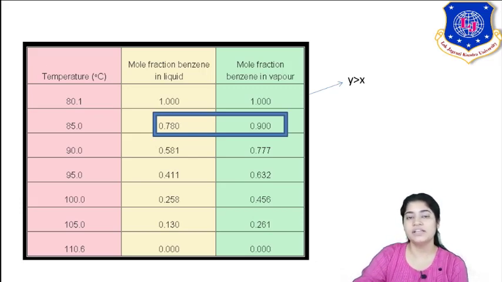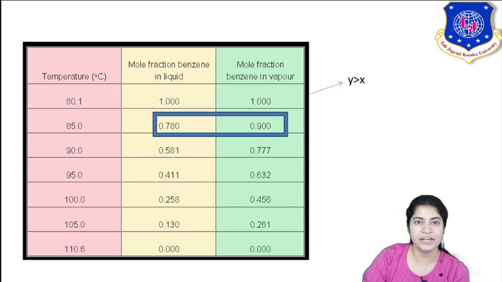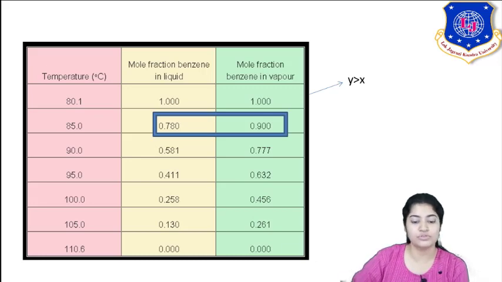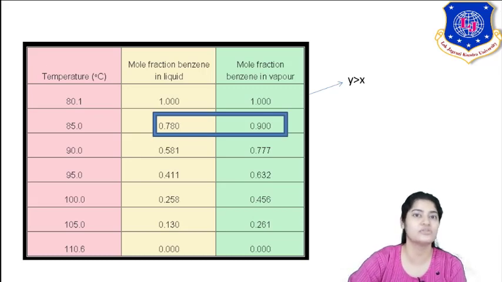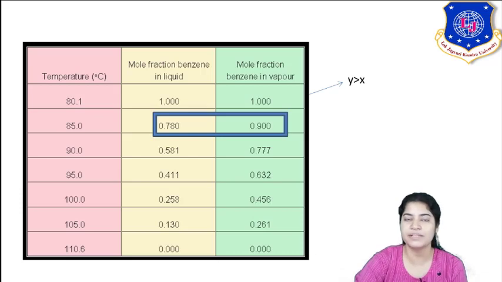As I'm increasing the temperature, the less volatile component, here toluene, will also start to get vaporized. Now in the vapor phase I have benzene and toluene also. So the mole fraction of benzene in vapor has decreased because the mole fraction of toluene has increased. Similarly, the mole fraction of benzene in liquid is decreasing because most of the benzene has been converted into the vapor phase.